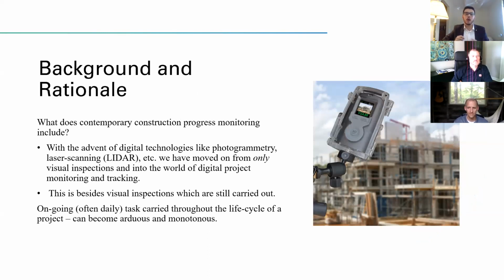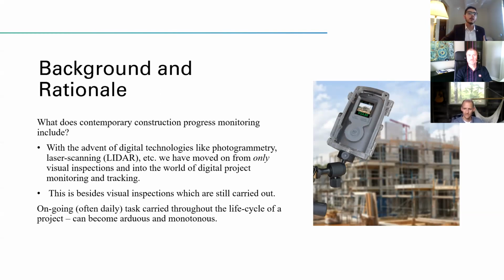So now, not only do we have visual inspections, but in addition, we use digital photos, 360 photos, drones, and different technologies to monitor progress. This is besides visual inspections, which are still being carried out alongside digital progress monitoring.